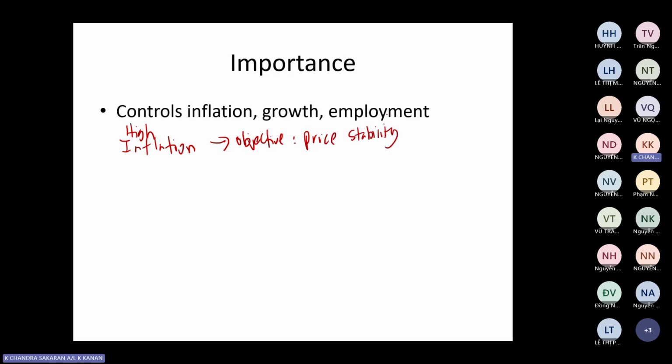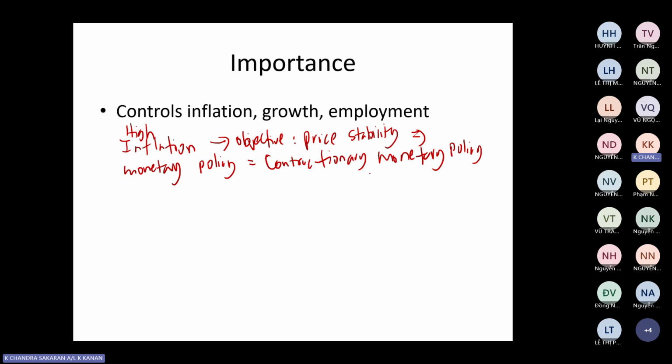Price stability here means control the price from going up. So the monetary policy will be what? Contractionary. Contractionary monetary policy will be used during this kind of economic condition.